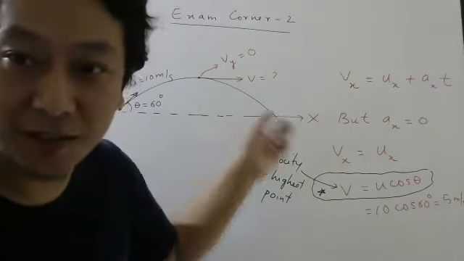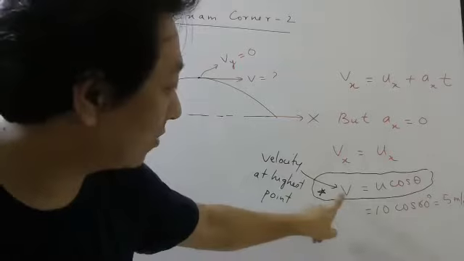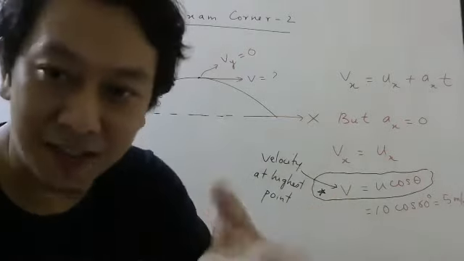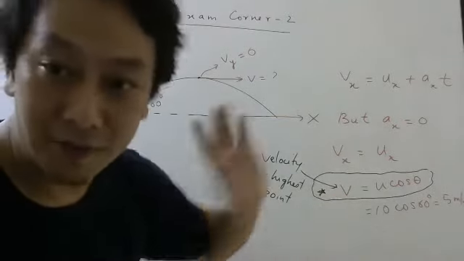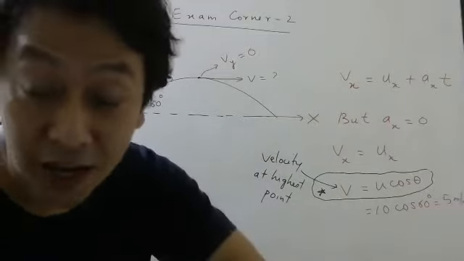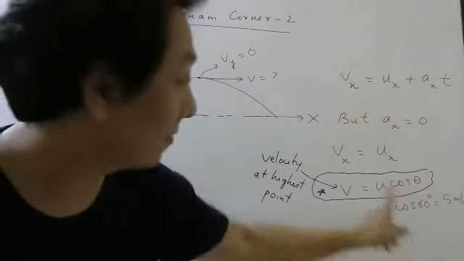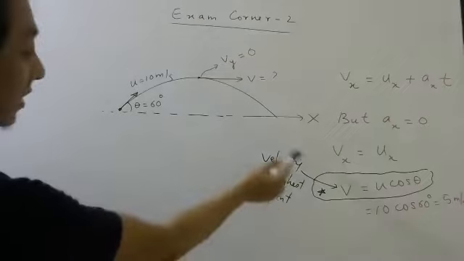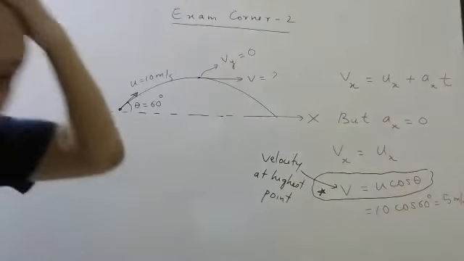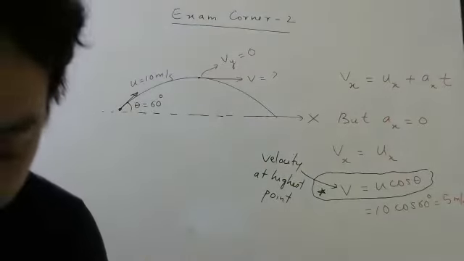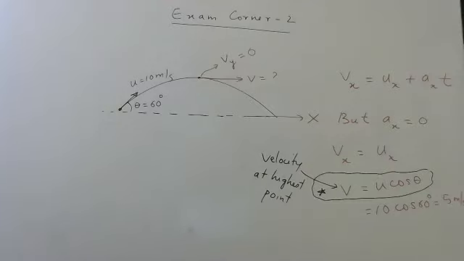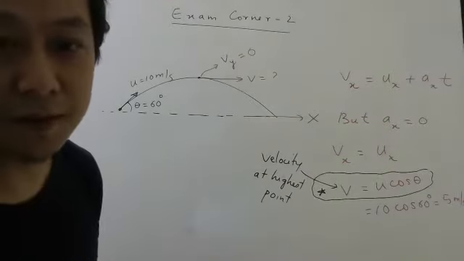At highest point, there is only Vx. So whatever is the velocity at highest point, that is Vx itself. And Vx is always Ux, and Ux, you know, is U cos theta. So please remember, velocity at highest point is U cos theta. 2 mark question. Done? Everybody understood, I hope?